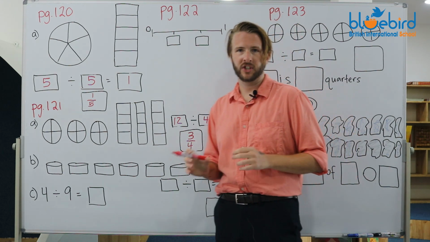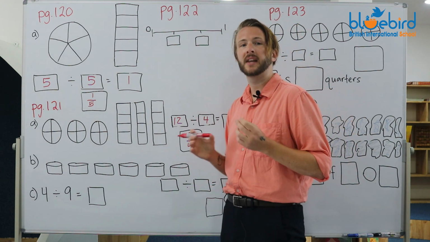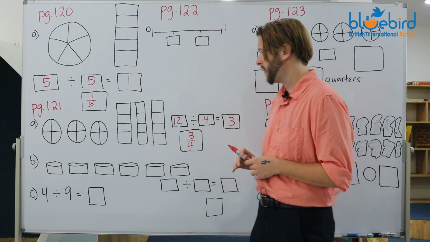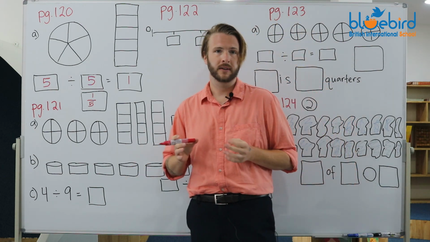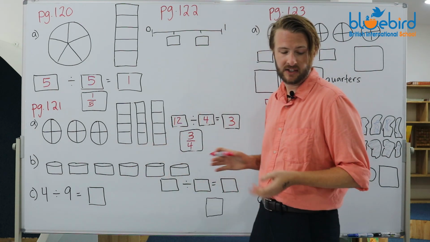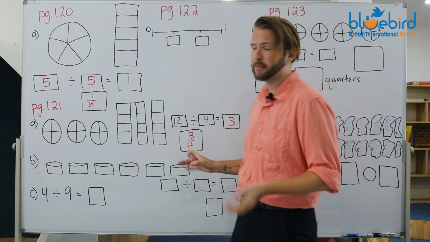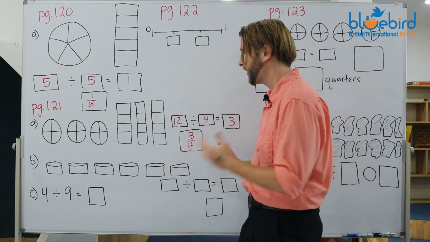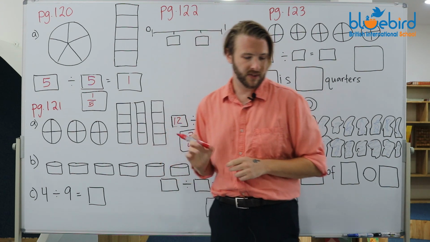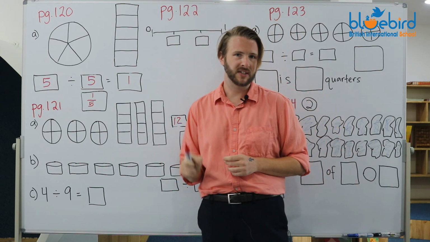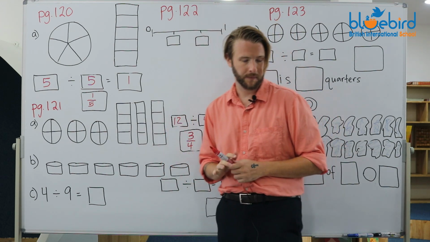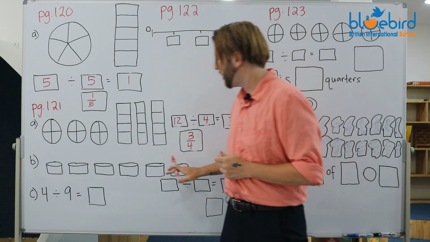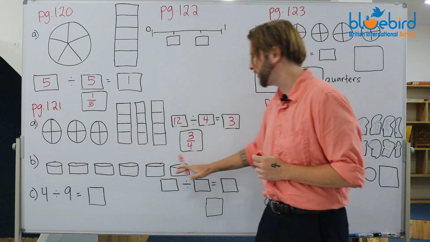7 boys share 6 cakes equally. I don't know why 6 boys need 7 cakes, or 7 boys need 6 cakes, but they're getting it anyway. So 7 boys share 6 cakes equally. We need to get our total amount first.